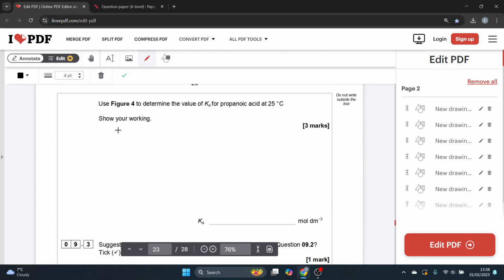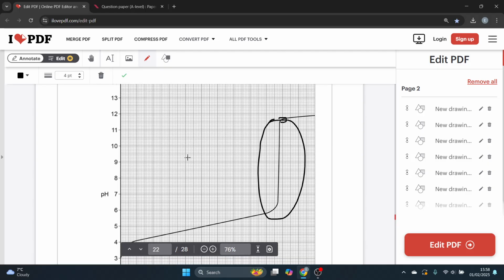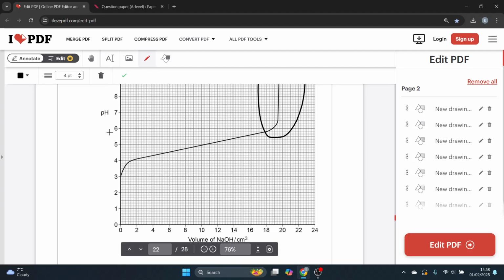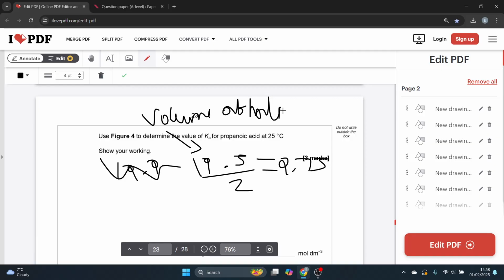So say 19.9, sorry, 19.5. Yeah, because I'm looking at it here. So 19.5 divided by 2, 9.75, and this is obviously the volume at half equivalence. 9.75 centimeters cubed.